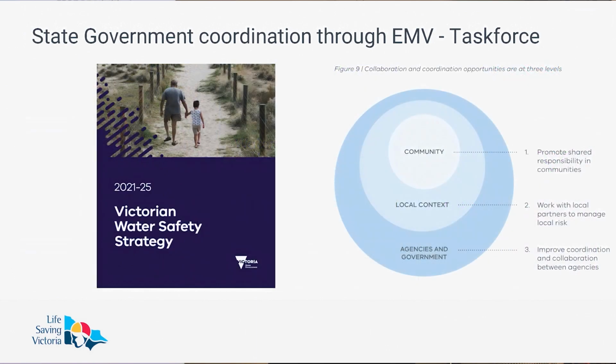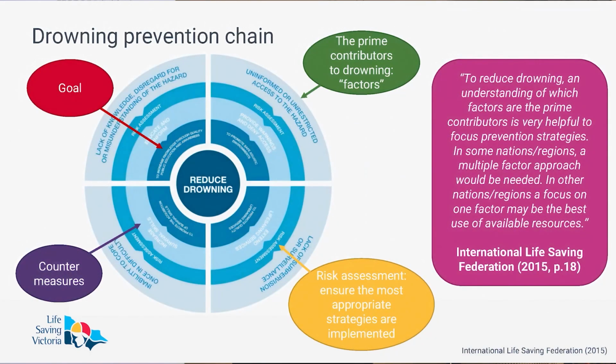So community, again, is a key focus of what the strategy is about. It's about working with community and building resilience, building opportunity. The local context also includes things like local government, local community leaders, and of course our third is agencies and local government, so supporting emergency services, Lifesaving Victoria and state and federal governments. All play a key role.